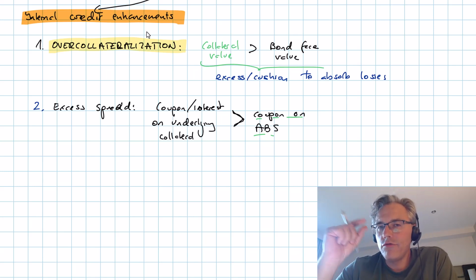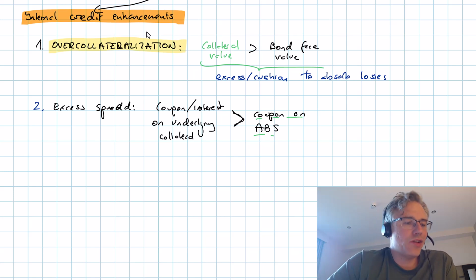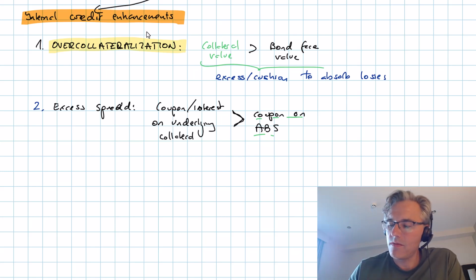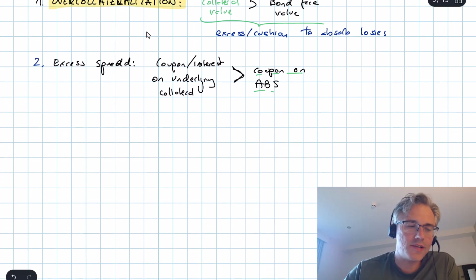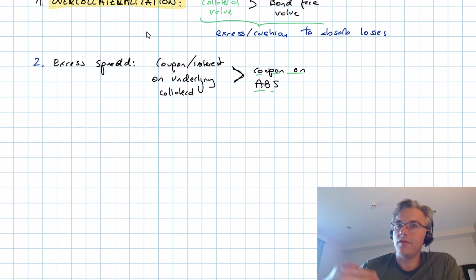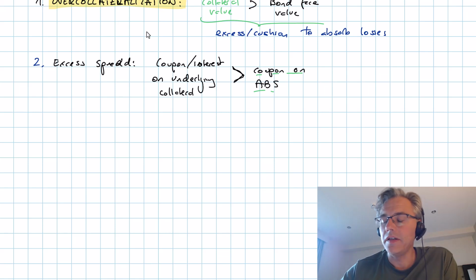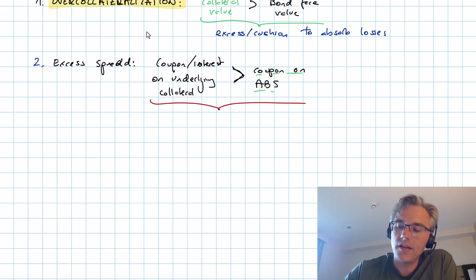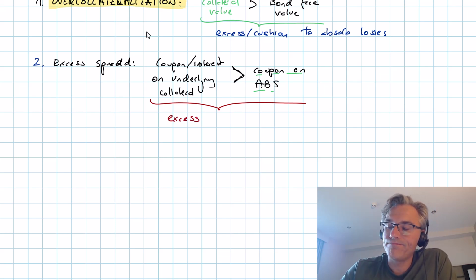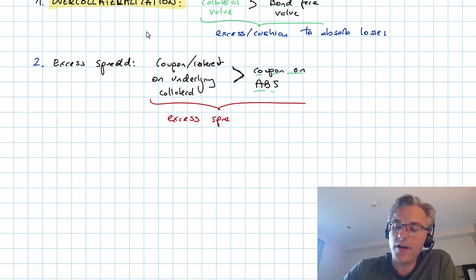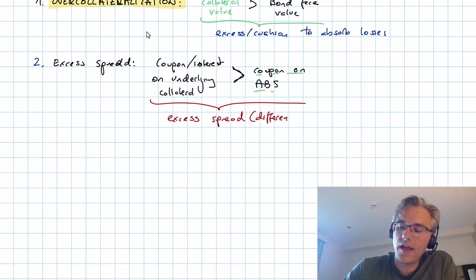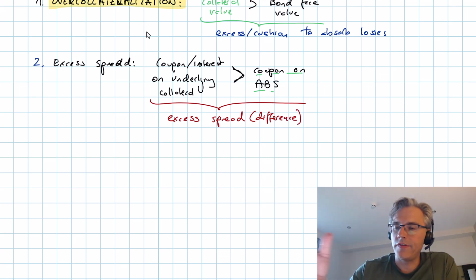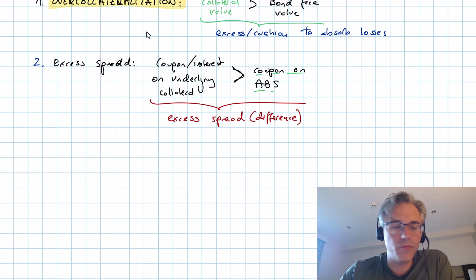That means there is room to absorb some shortfall, because you don't have to pass everything on to the investors. So once again, the idea is the excess spread, that difference. Maybe I should have written that with a deduction operation, with a minus in the middle.